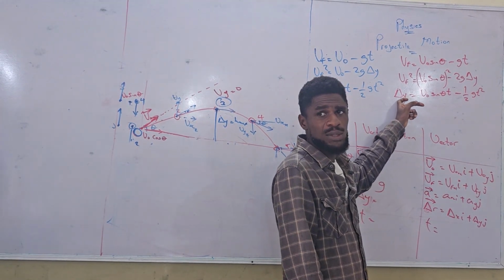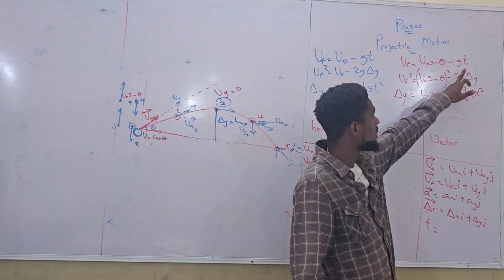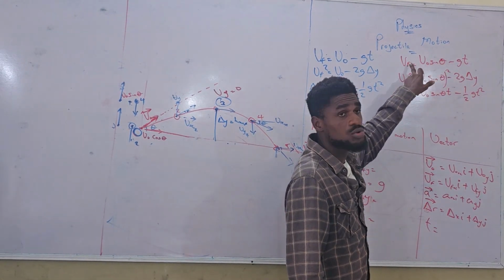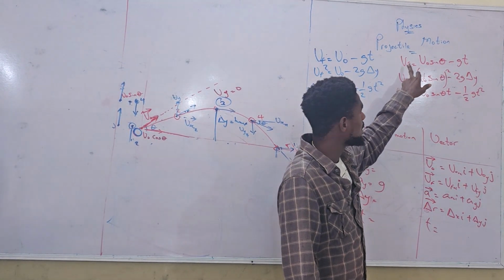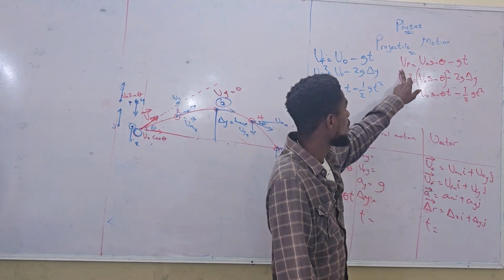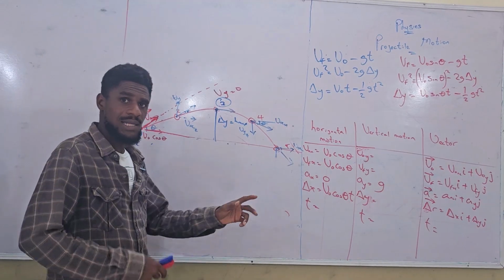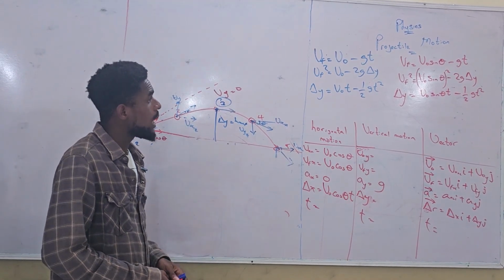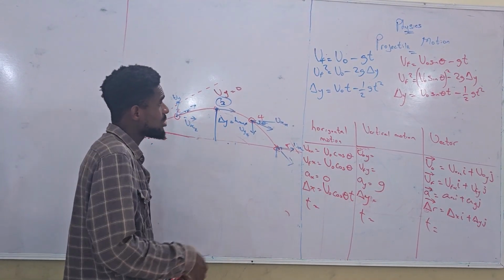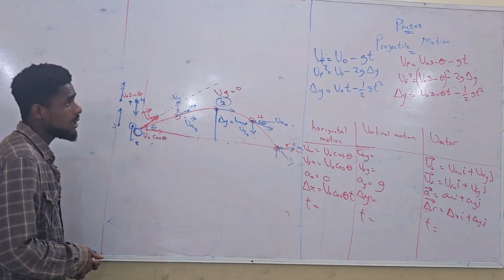We really don't need delta y for this. We only need to know the time it's going to take to get to maximum height. So I'm going to use equation 1 instead. Of course, we can use equation 3, but that's a bit lengthy, so let's just use equation 1 and see how easy this will be.